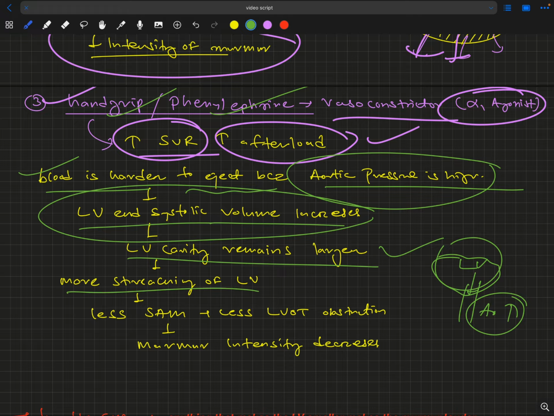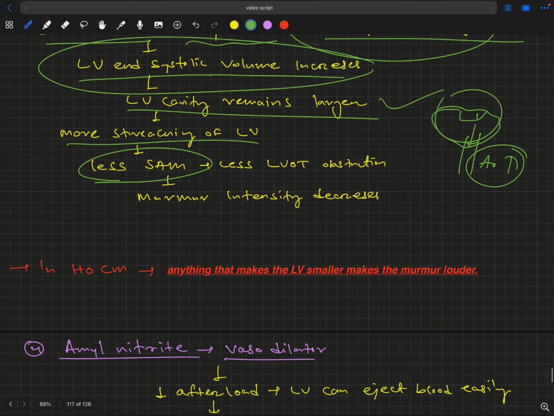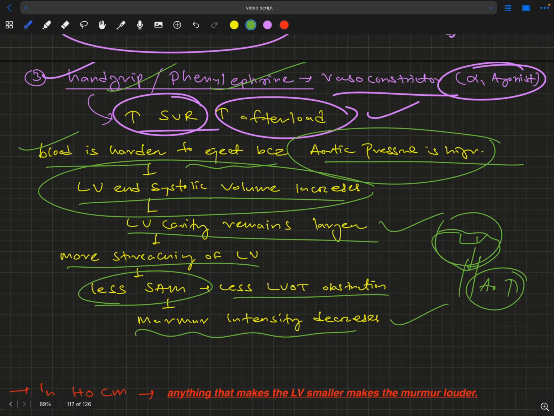That will lead to less systolic anterior motion of the leaflet, like this only. When there is more blood, these two structures are far apart from each other, so there is less alveolar obstruction and the murmur intensity decreases. So on hand grip exercise or giving phenylephrine, the murmur intensity decreases in case of HOCM.